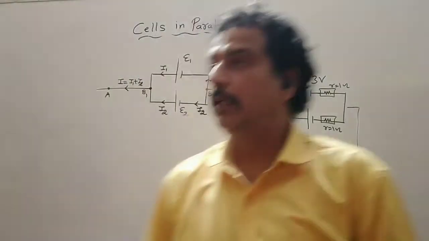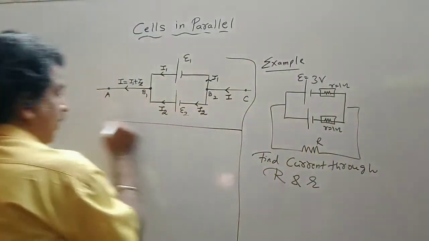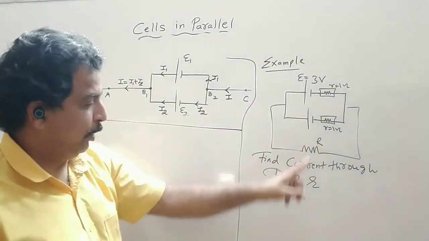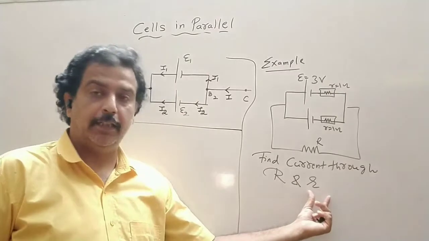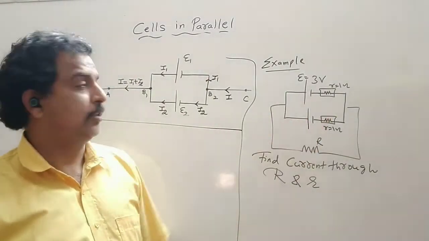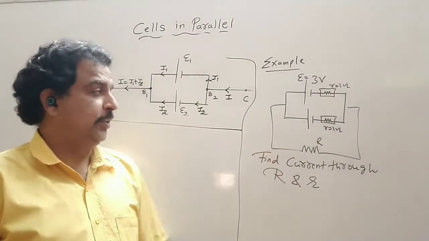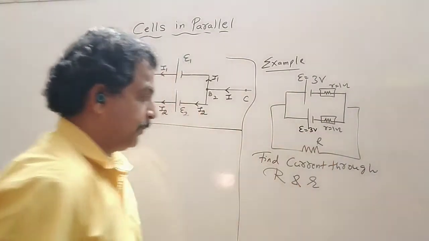An example related to the combination of the cell. Now in this example, you have to find out current flowing through external resistance and the internal resistance. Now there are many methods to solve such type of numericals. The EMF of both the battery is same.